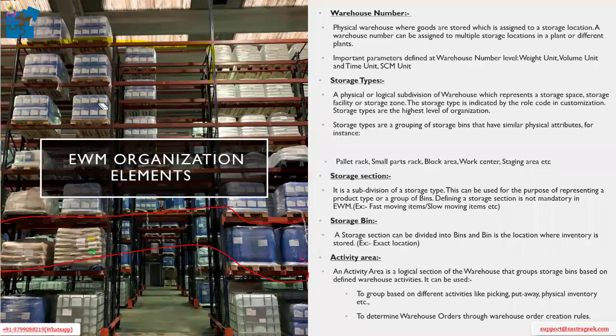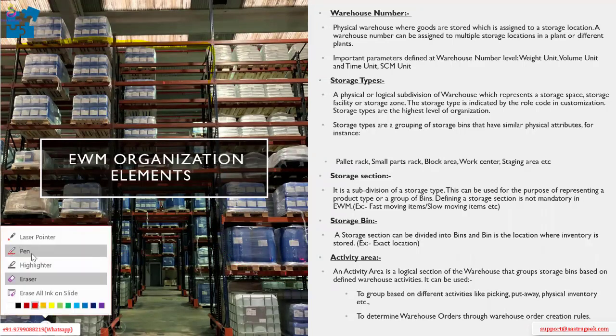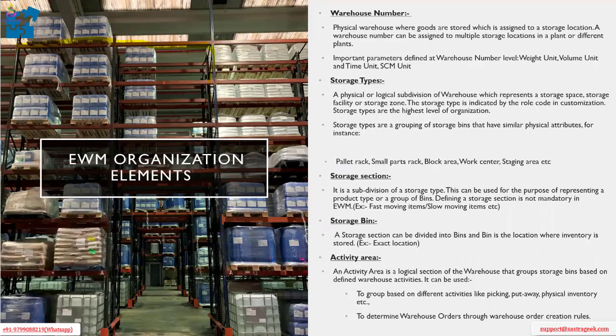If you see this, each and every product that has been stored is stored in one bin. You can see this 15, then 16, and then 12. You can see there is one label attached here. That is nothing but your bin identification.